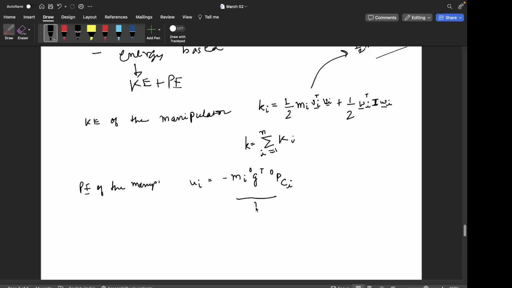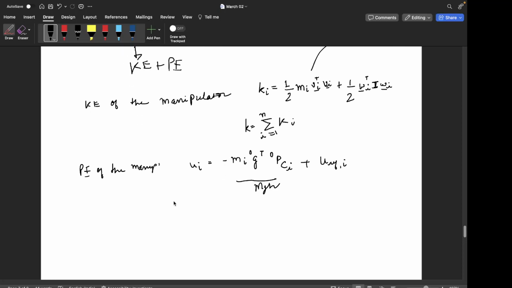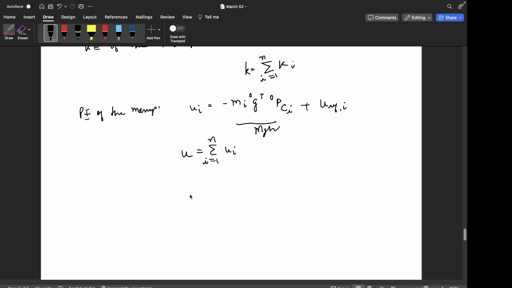This is your same mgh written in a more general way, with some reference value we use to make the potential energy zero at the minimum level. You can choose the reference as per your wish. So this is the mgh kind of term, and that is potential energy. And similarly, since this is a scalar, you can sum them up for all links to get the potential energy.